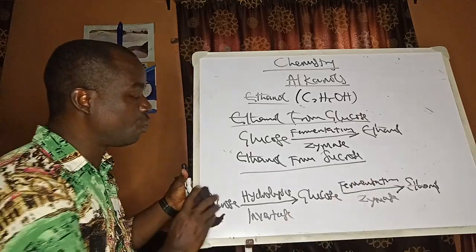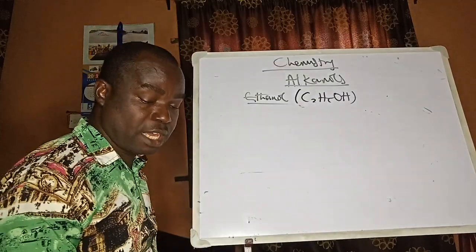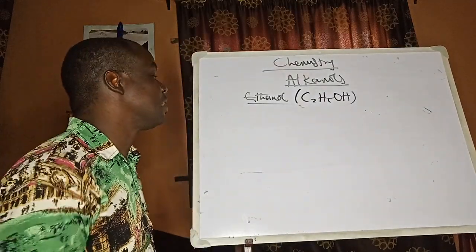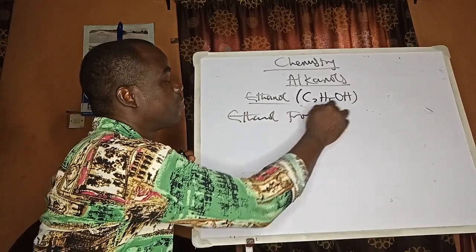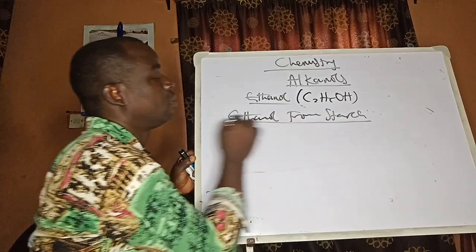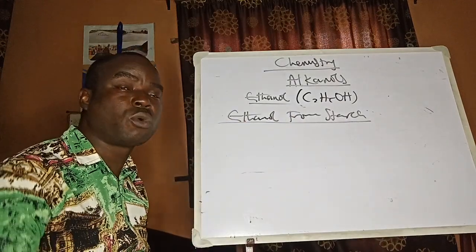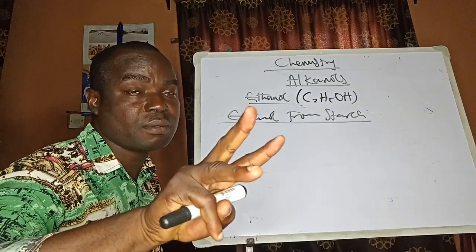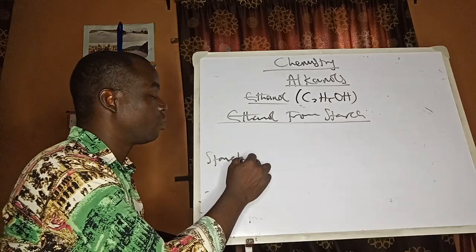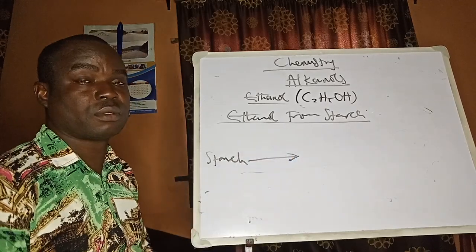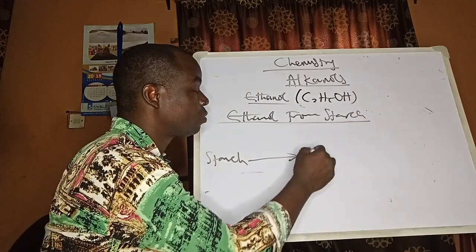And finally, in this video, let me explain how you can get ethanol from starch. For starch to give us ethanol, it undergoes several processes. So starch undergoes the first process to form what we call maltose.